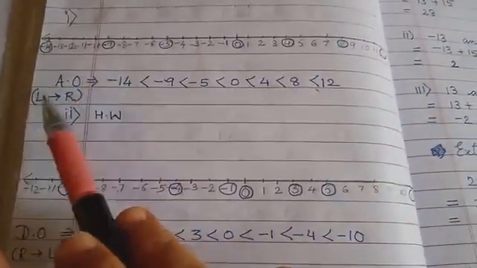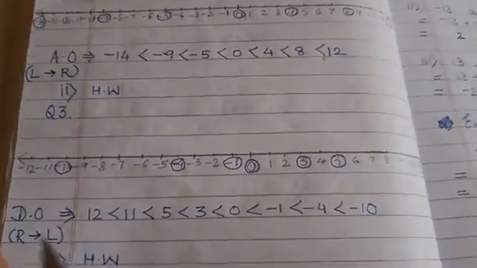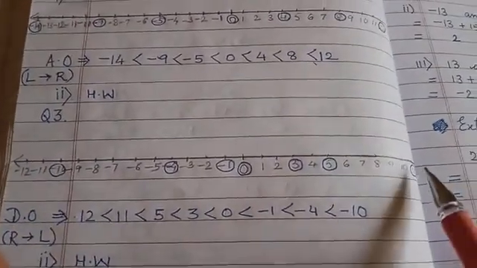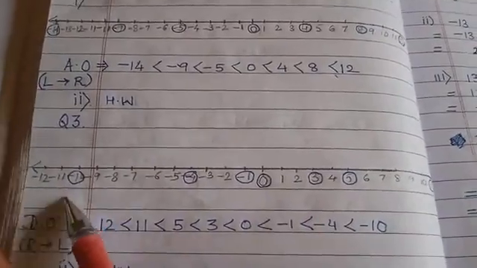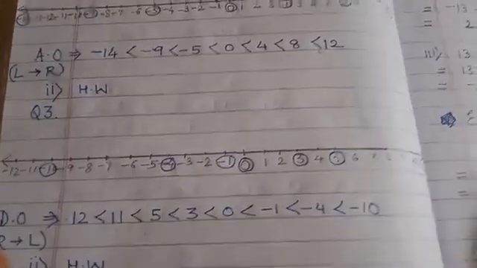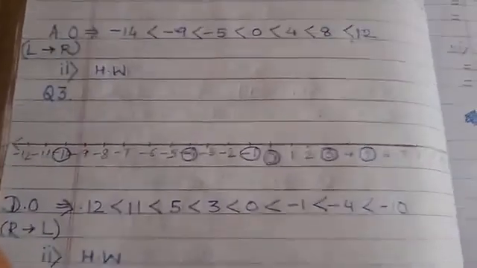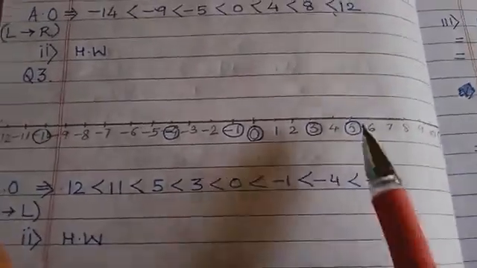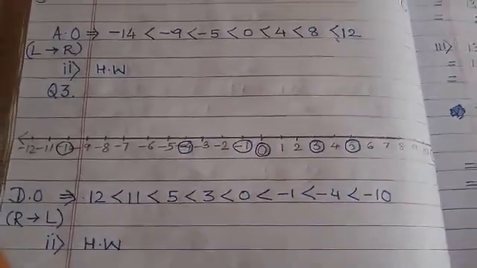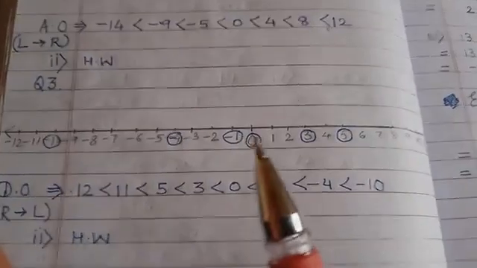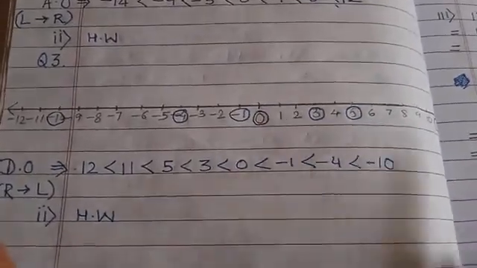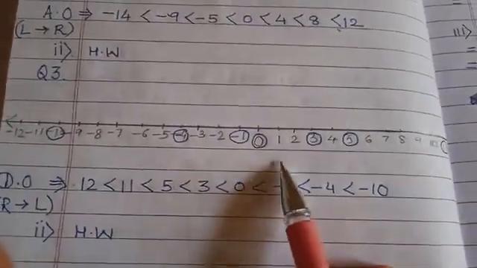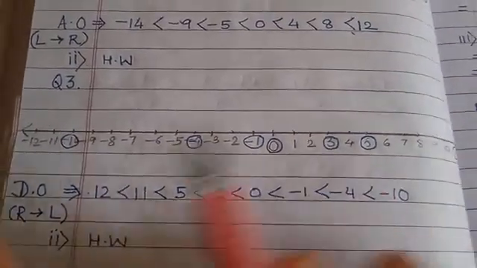In ascending order remember left to right, and in descending order right to left will give you decreasing order. Decreasing order means greater number to smaller number. All the right side numbers are always greater and all the left side numbers are always smaller. This we studied in the last video. So descending order on the number line means right to left.